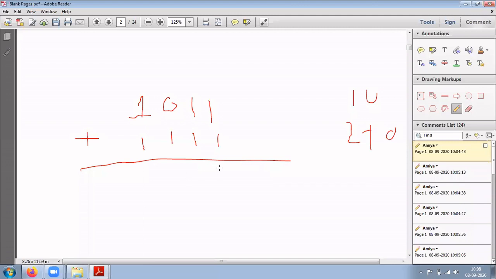I have to keep 0 here and carry 1 here. 1 plus 1 is 2. Out of 2 a bundle is already formed and nothing remaining. So 1 plus 1, otherwise you can say 1 plus 1 is 10. Out of 10 you keep 0 here and keep 1 here.